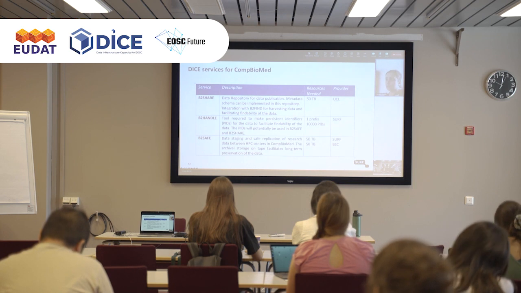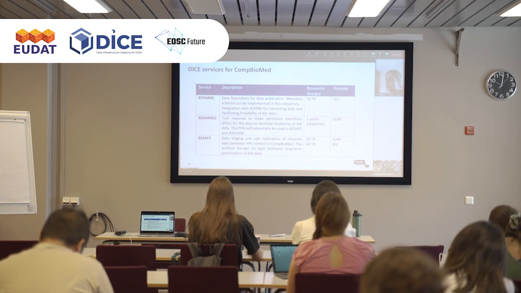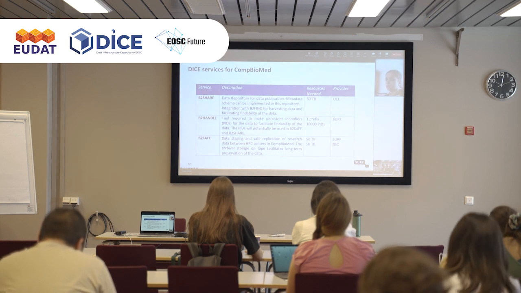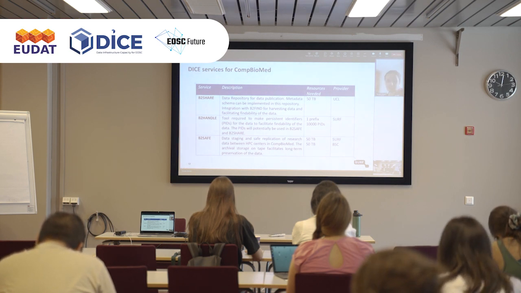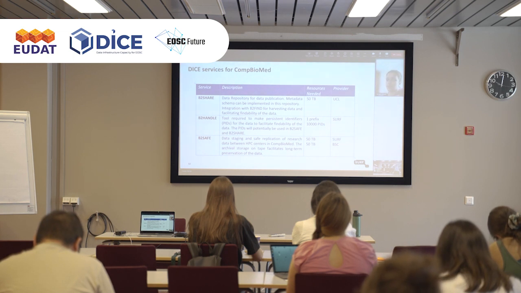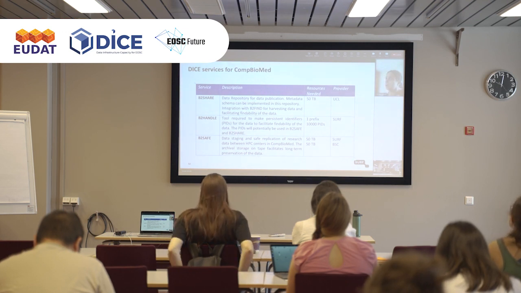Here again are the services that we used. The data repository gave us the possibility to add metadata schemas to the repository and publish data in this repository under this schema.